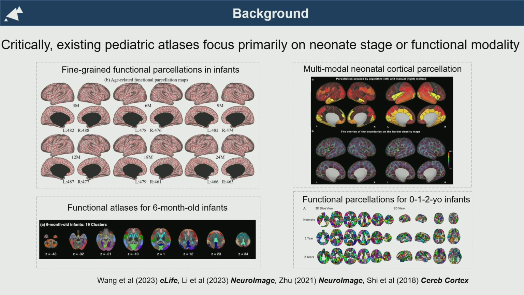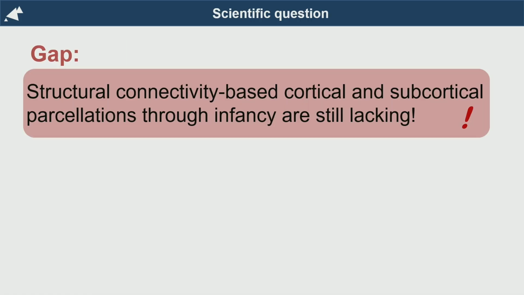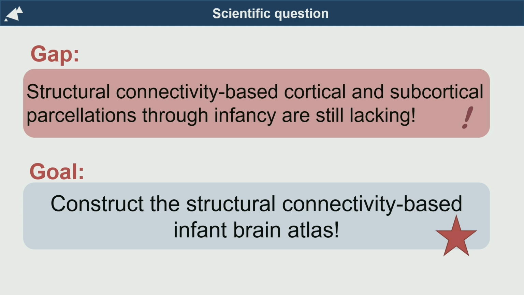Existing pediatric neuroscience atlases focus primarily on the neonate stage or functional modality, leaving a gap in structural connectivity-based parcellation. So in this study, our major goal is to fill this gap.